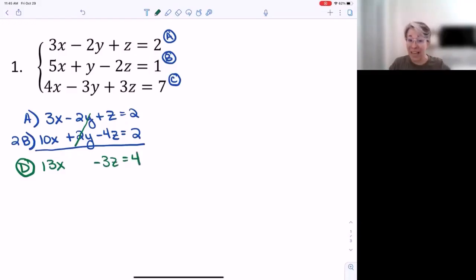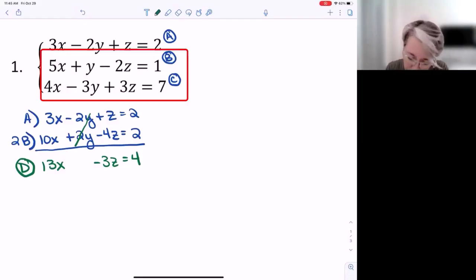I need to come up with another equation with the same two variables, which means I need to choose a different pair, either A and C or B and C, and then come up with another equation where I've eliminated the y. Since B already has a single y with it, why don't we use B again? But this time, since we're trying to get rid of the y in C, we're going to multiply equation B by 3.